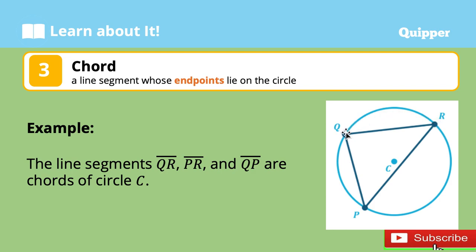The endpoints of line segment QR are lying on the circle, and the same thing with line segment PR and line segment QP.